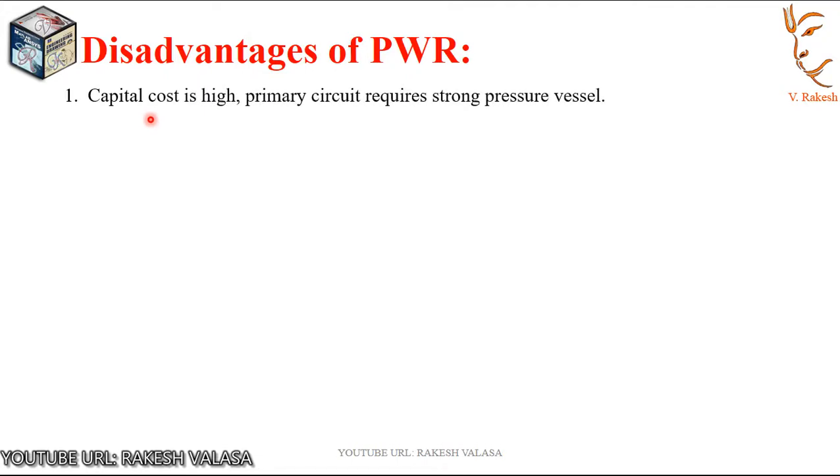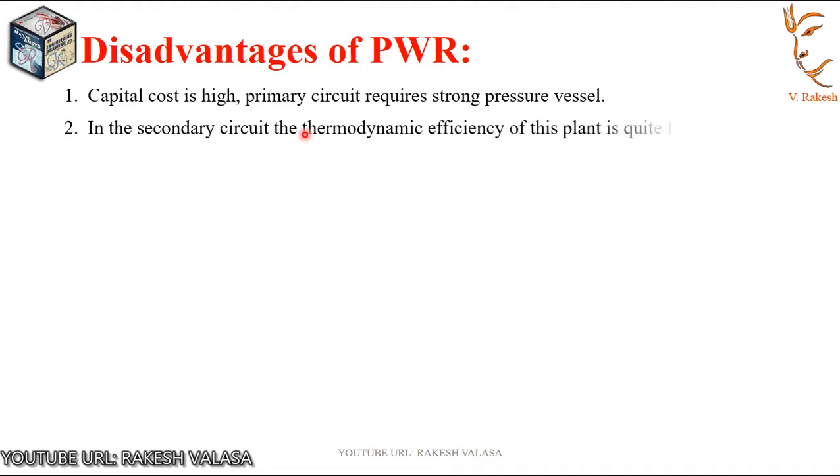Now see the disadvantages of PWR. High initial cost. Primary circuit requires a strong pressure vessel. In the secondary circuit, the thermodynamic efficiency of this plant is quite low, that is 20%, because of it having low pressures, that is 60 to 70 bar.